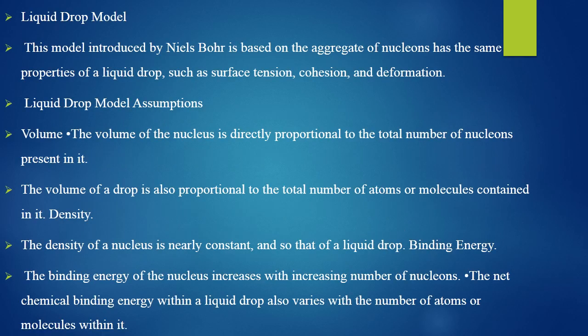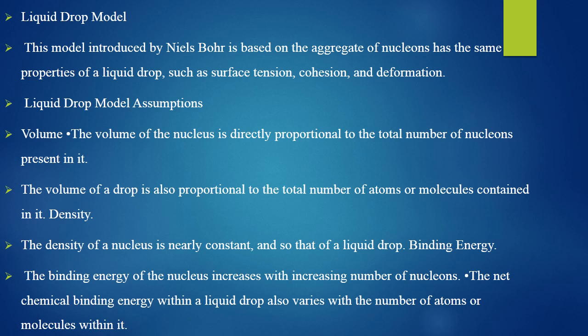The liquid drop model was introduced by Niels Bohr, and the aggregate of the nucleus has the same properties as a liquid drop, namely surface tension, cohesion, and deformation. In terms of volume, the volume of the nucleus is directly proportional to the total number of nucleons present in it.